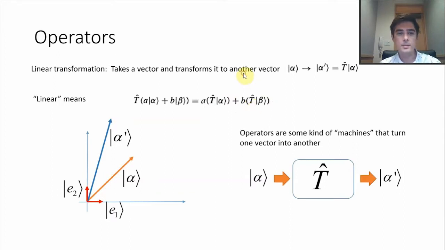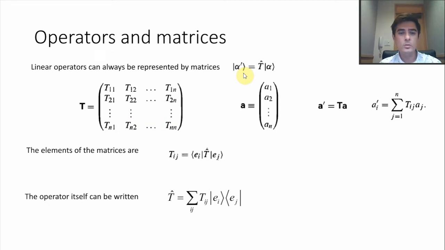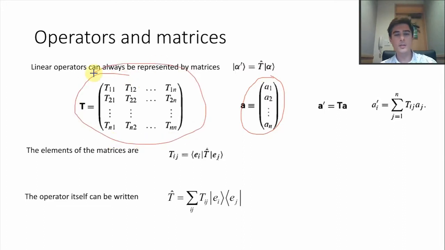If you want to represent operators with matrices, you can represent them in matrix form. In this case, the vectors are represented by a column of numbers in the component representation, and you manipulate those vectors by applying a matrix to them.